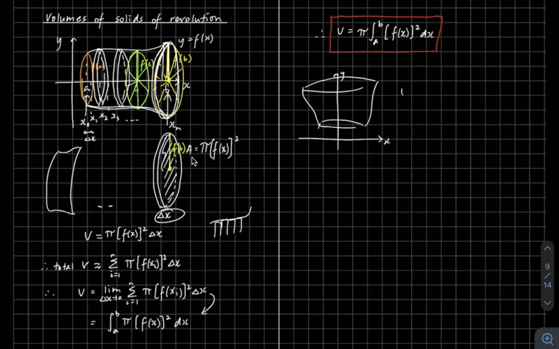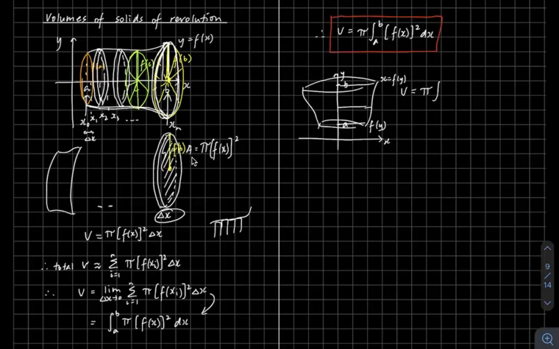And in that case, and I won't go through all the working out, we're talking about y going from A to B, and these radius lengths are now x values. So for this curve, x is a function of y.